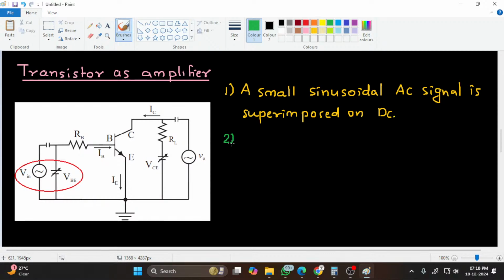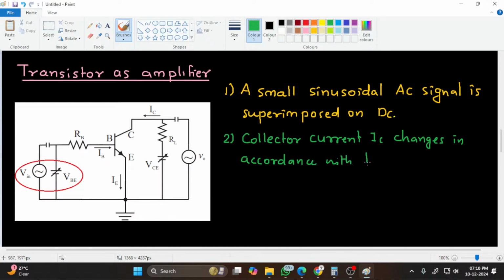Then base current IB and collector current IC will have this sinusoidal variation superimposed on them. So the collector current IC changes in accordance with base current IB.